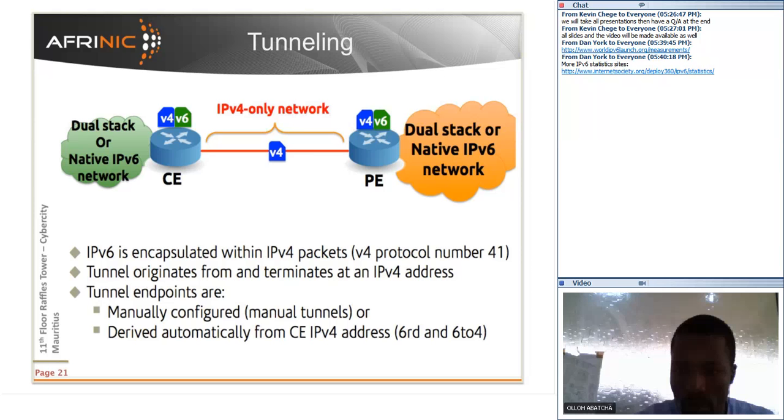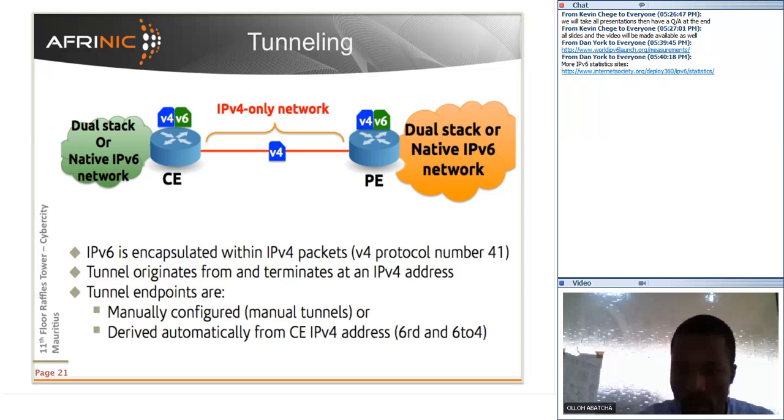You can take different transition mechanisms and apply them in different parts of your network. If you can do, for example, IPv6 dual stack throughout your network, that is great. You probably will not be able to do that right away, so you may have to do some tunneling. You need to tunnel through the IPv4 only infrastructure that you have to be able to reach that IPv6 connectivity that you're wanting.